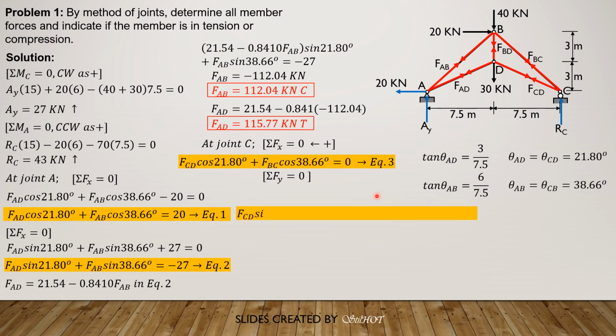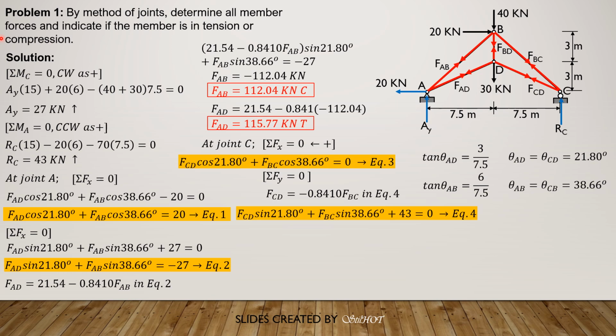We have FCD sine 21.8 plus FCB sine 38.66, plus RC, which is 43, equals 0. From equation 3, FCD is equal to negative 0.841 of FCB. Let's substitute it into equation 4.